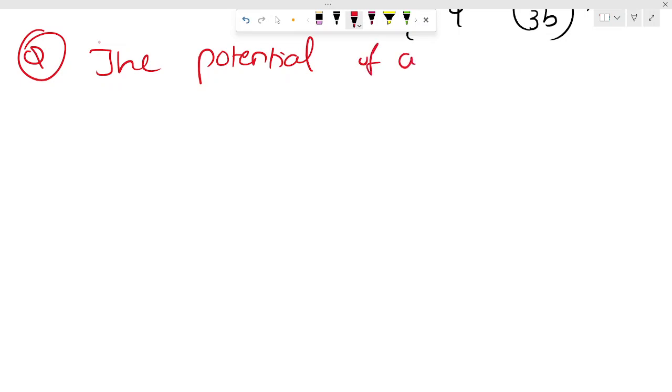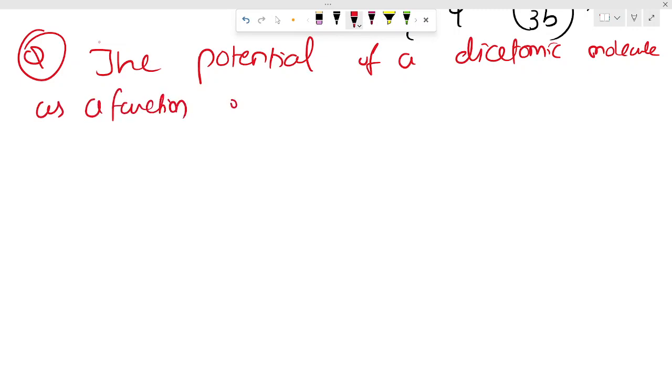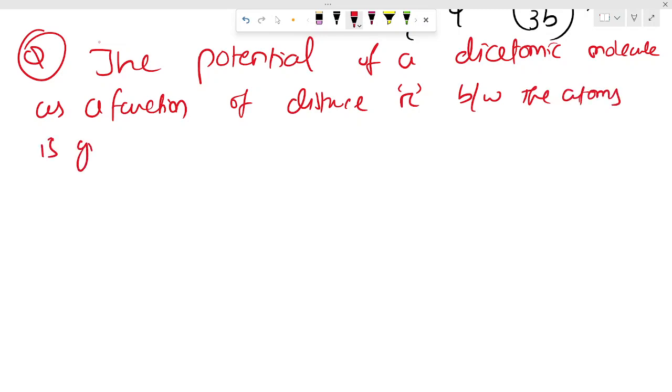Let me proceed further with another important question for you. This one also comes in your exam: the potential of a diatomic molecule as a function of distance r between the atoms is given by V(r).